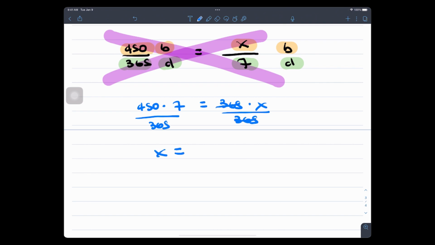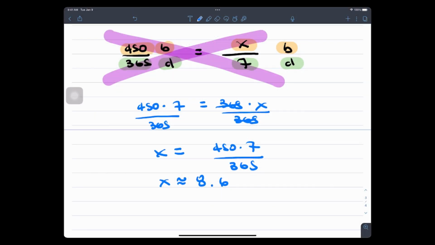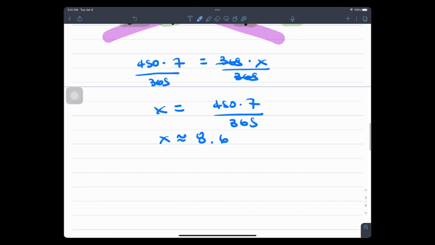You get now x is 450 times 7 divided by 365. And what do you get? To the nearest tenth, because they say approximate your answer to the tenths. You go, oh, I know what that is. That's 8.6.